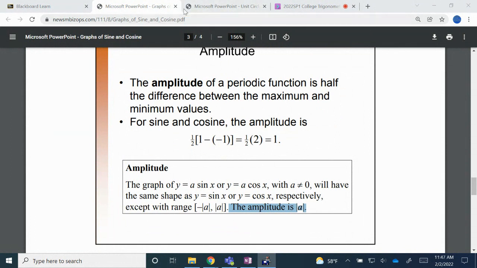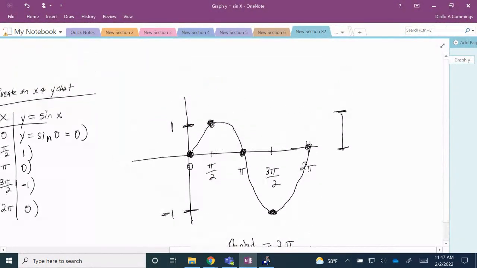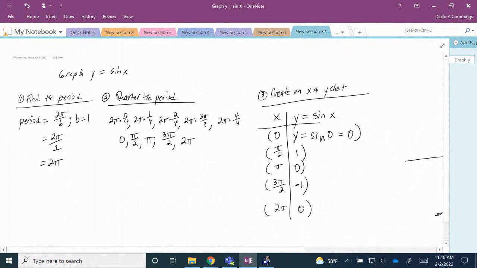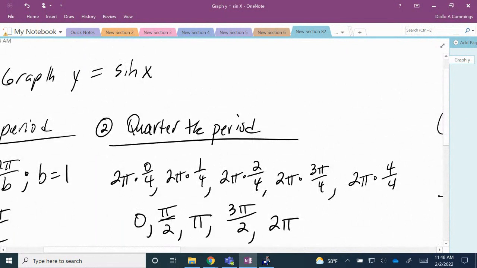So what is A for our graph? I'm going to go back to OneNote real quick. All right, so the amplitude is the absolute value of A. Notice that for our setup, y is equal to A times the sine of bx, and A is understood to be 1.